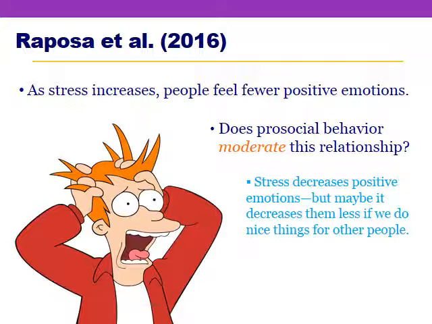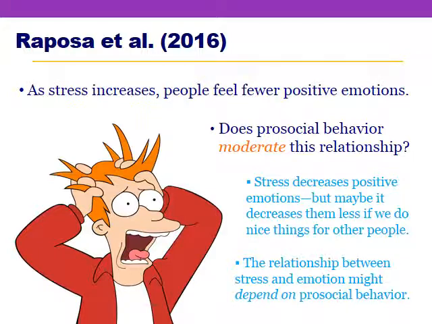In other words, their hypothesis was that doing nice things for other people actually protects us against the negative effects of stress. So maybe if we are very stressed, but we also are doing lots of nice things for other people, the stress won't have as much of an impact on our happiness.